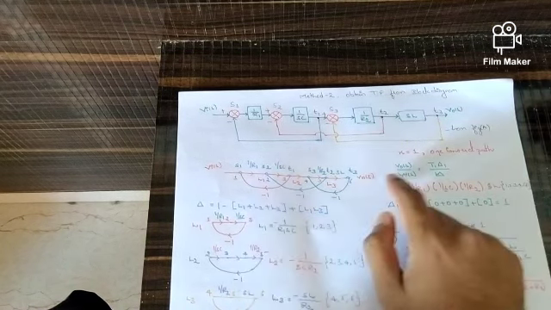Whenever you consider a loop, it should start from the same node and end at the same node. The equations that I get are L1 is minus 1 by R1 SC, L2 is minus 1 by SC R2, L3 is minus SL divided by R2. I just represent those numbers as a loop: in this case it is 1 2 3, in this case 2 3 4 5, and in this case 4 5 6.